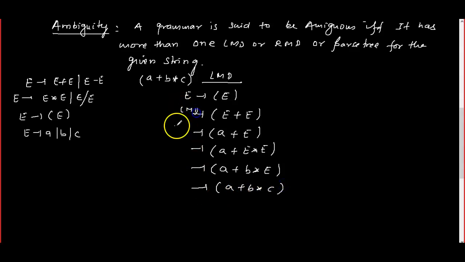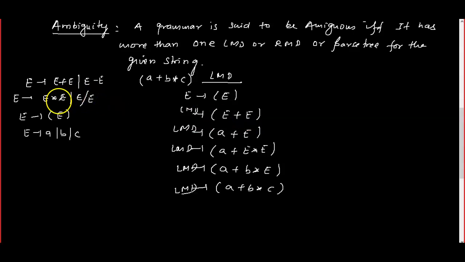All this we have done in the LMD. So by using the LMD, what I have done in the first one, that open bracket and close bracket of this E, then this E I substituted with E plus E.